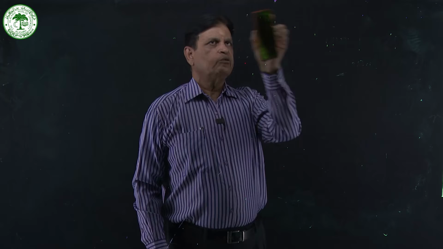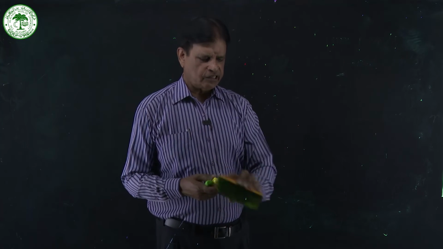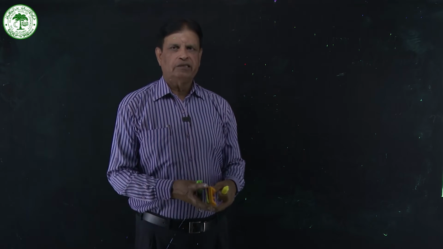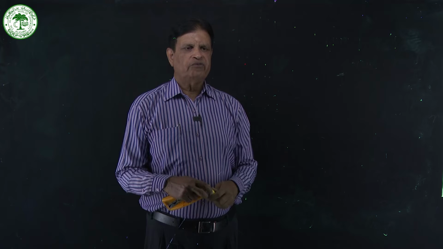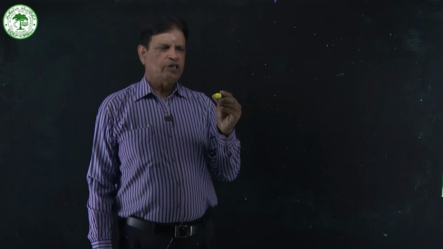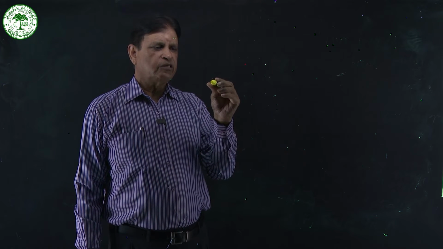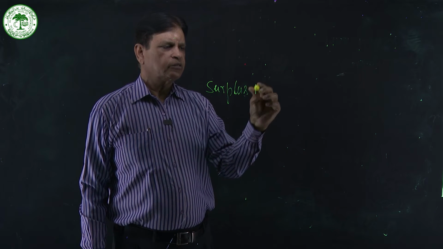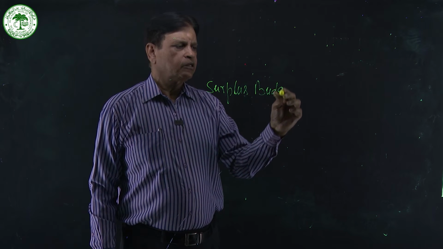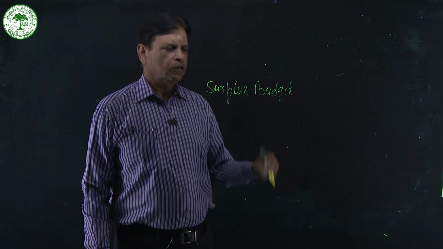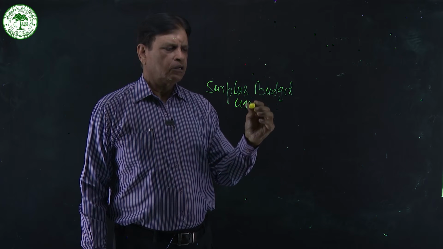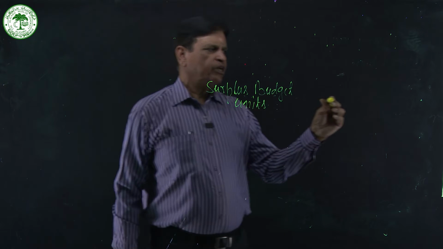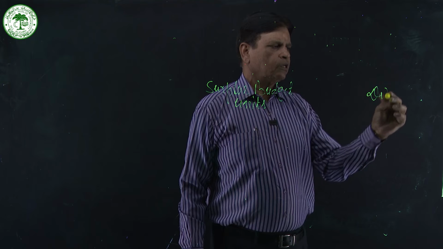We have told you while discussing the financial system that financial intermediaries play a very important role. They operate between the surplus budget units and the deficit budget units.